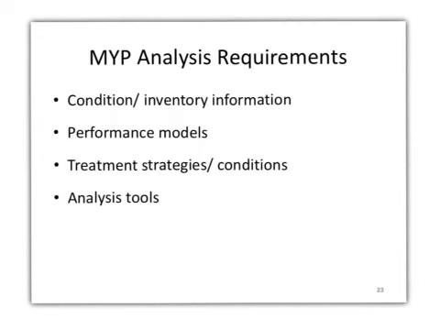Also, you need to have a good background of several treatments and strategies that can be applied, which is going to depend on the type of distresses that you feel are the majority in your pavement network. And lastly but not least, you need to have good analysis tools, including software as well as hardware.